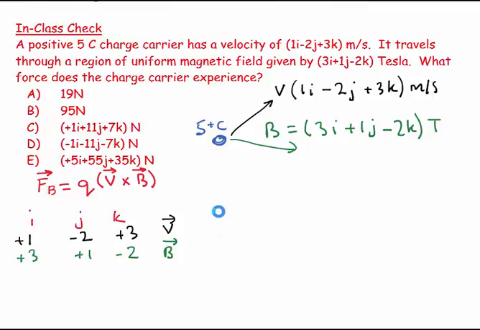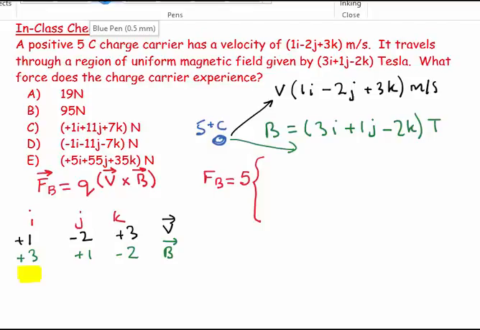And I'm using this as a layout to help me figure out what my force should be. So I'm going to say FB is equal to Q, and Q is 5, and then I'm going to do a number of lines. So I work out my I value, and for that I'm going to put a line under the I, because I don't want to deal with the I. If I'm doing this with a piece of paper, I put my thumb over that column of numbers.